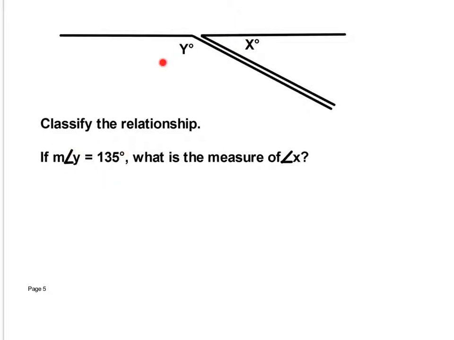Well, can anyone raise their hand and tell me what they think the relationship between X and Y is? Tyler. Supplementary. They add up to 180. So these are supplementary angles. Good. If they're supplementary, then they add up to what? 180. So X plus Y gives me 180.